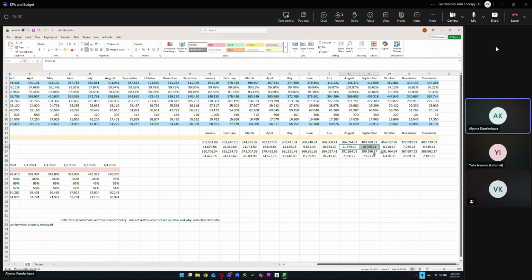If you would have added it to both of these months, sorry, July and August, this month would have been significantly higher. You add that 28 here and here, you would have been at 40 instead of 17.